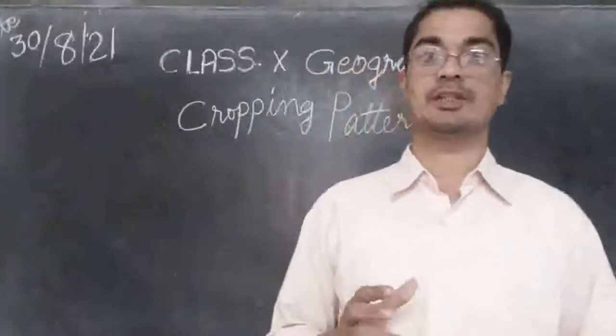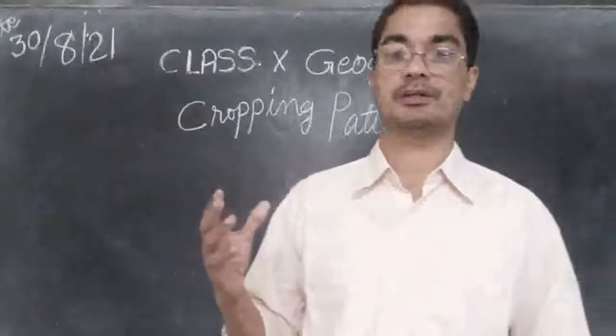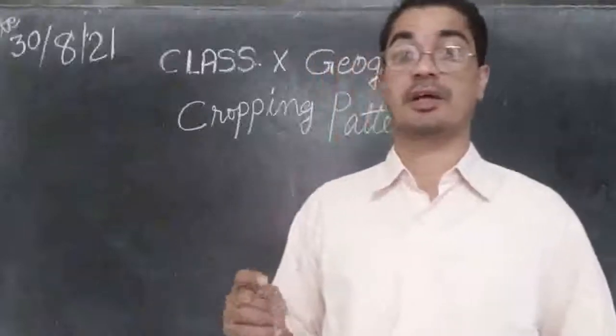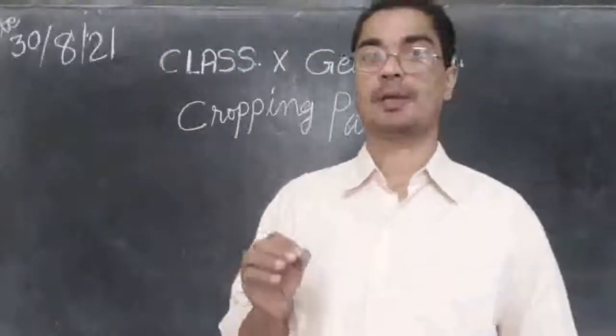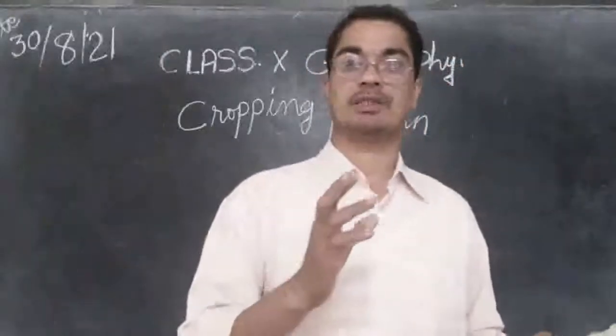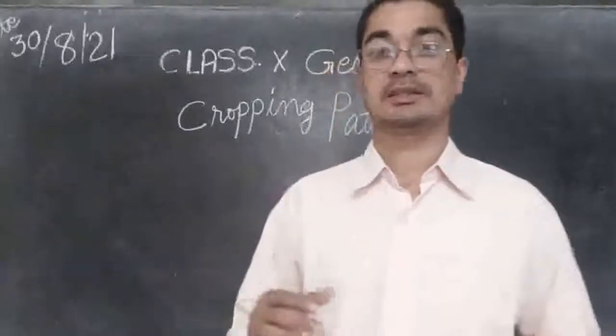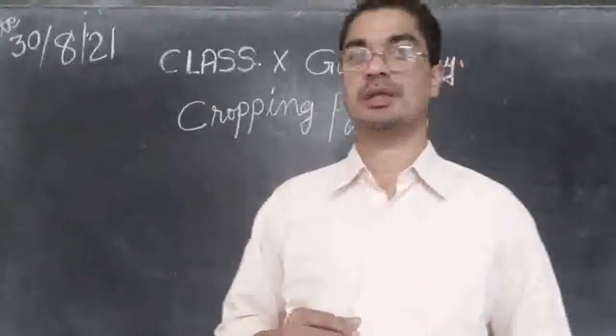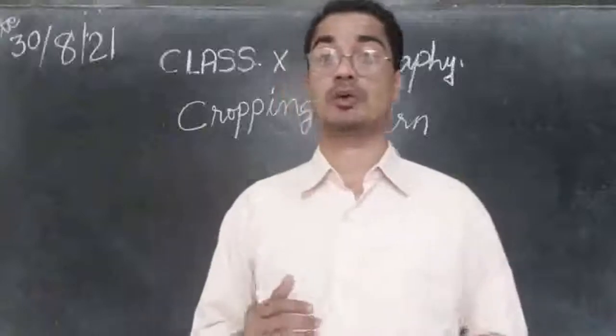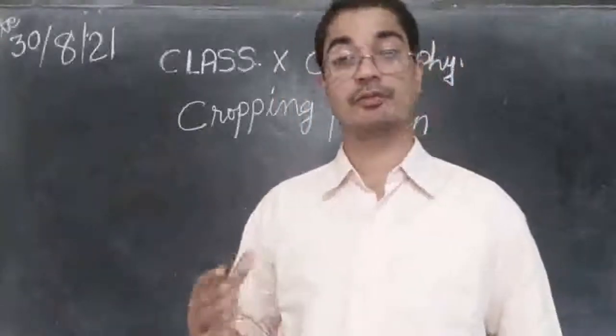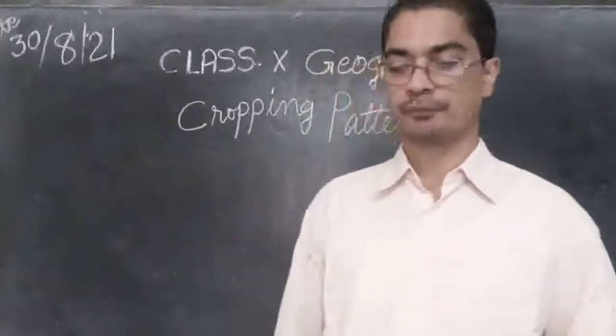Just like there is difference in culture and physical features, there are also differences in cropping patterns. In some places there may be 2 crops in a year, some places 3 crops, some places only 1 crop in a year. It differs from place to place.